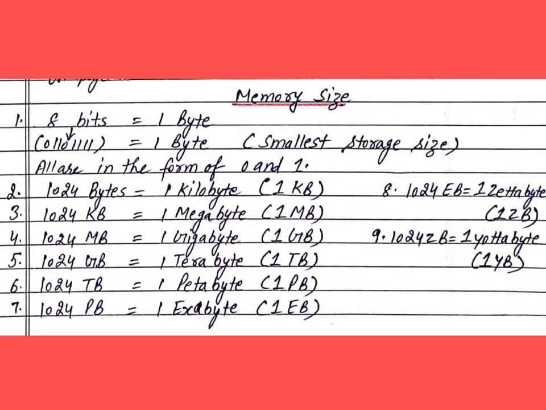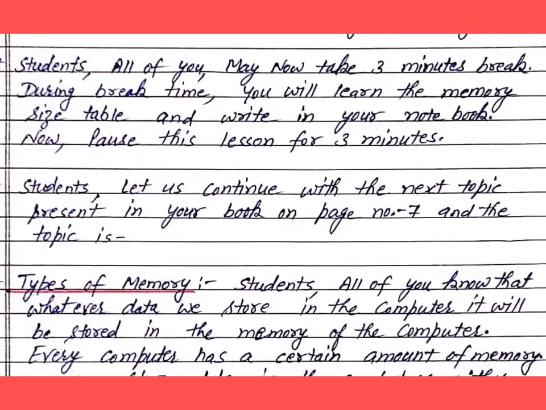Number 8, 1024 EB is equal to 1 zettabyte or 1 ZB. And number 9, 1024 ZB is equal to 1 yottabyte or 1 YB.